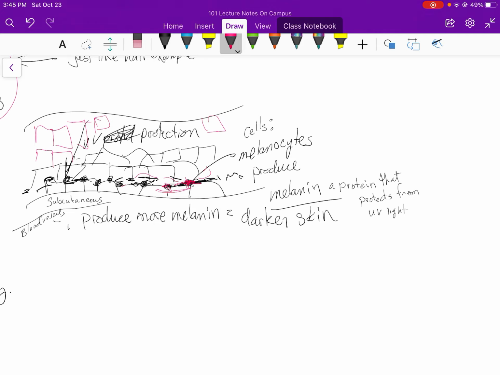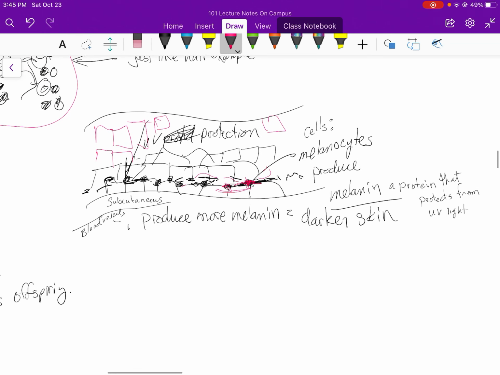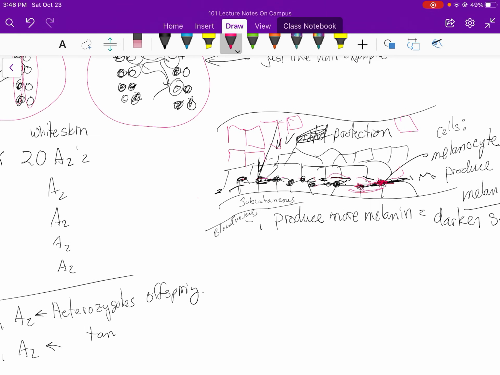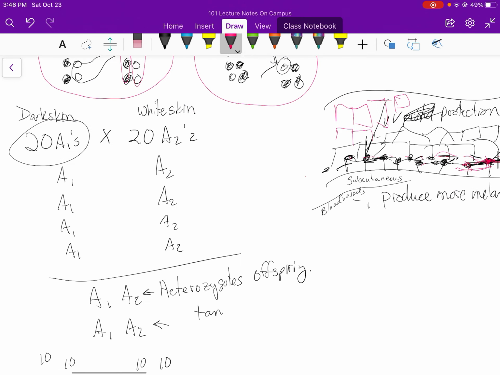So with the more alleles you have for upregulation of melanin, the more melanin you produce. It isn't because people with darker skin have more melanocytes, because they don't. Their melanocytes just produce more melanin. And that's what actually causes the skin color to change, right? And it is very adaptive in sunny climates.